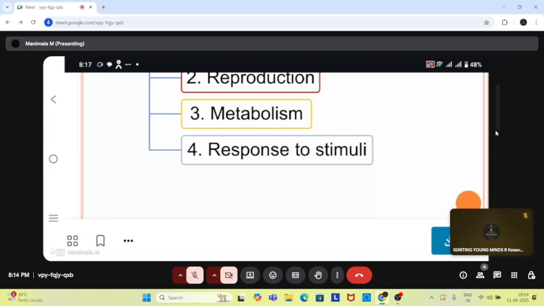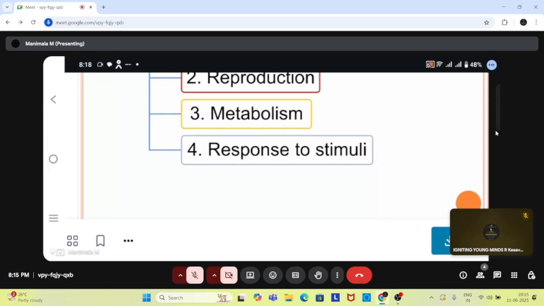Through light and temperature. So external factors like light, temperature and also water come under this. And one more way plants respond is in Mimosa pudica.